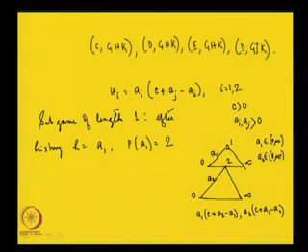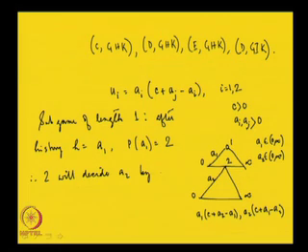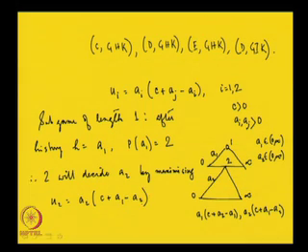So, he will try to maximize his payoff function, which is u2. Player 2 will decide a2 here by maximizing this. Now, here a1 is just anything, it is a variable. So, given a1, player 2 is maximizing this function.